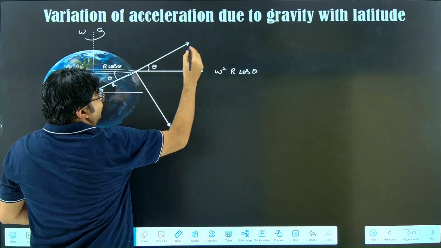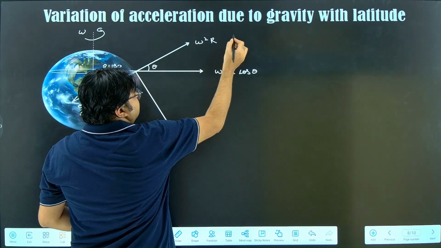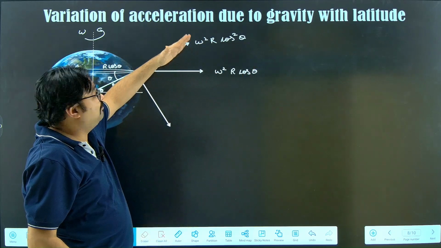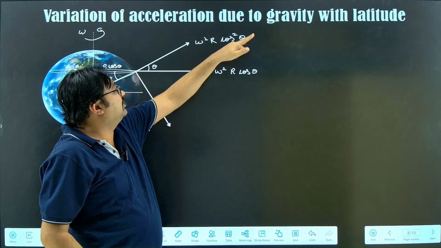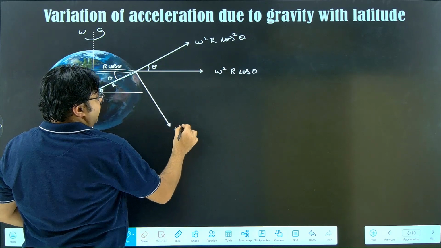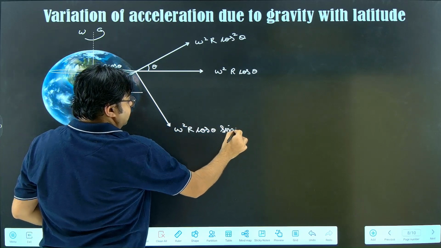This is the cos component, so it would be omega square into R into cos square theta, because it's this multiplied by another cos theta. This would be omega square R cos theta multiplied by sine theta. This would be the component here.